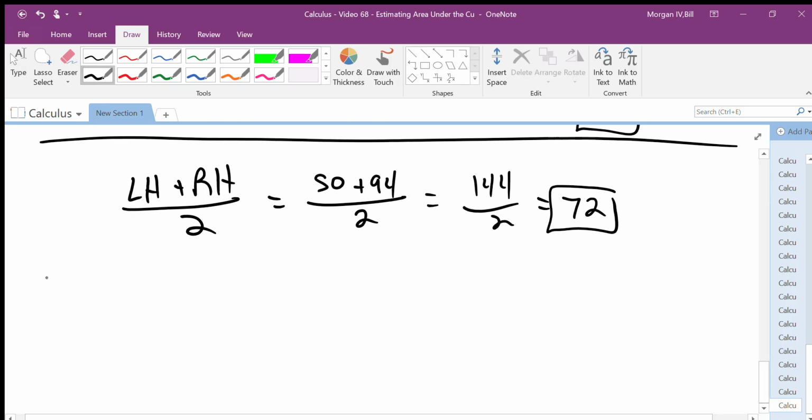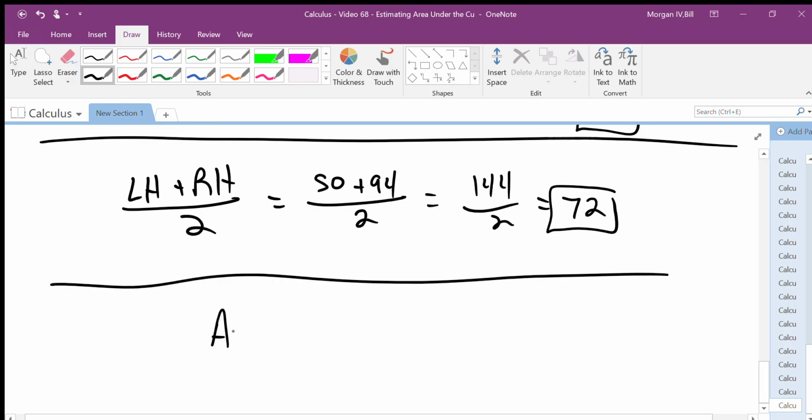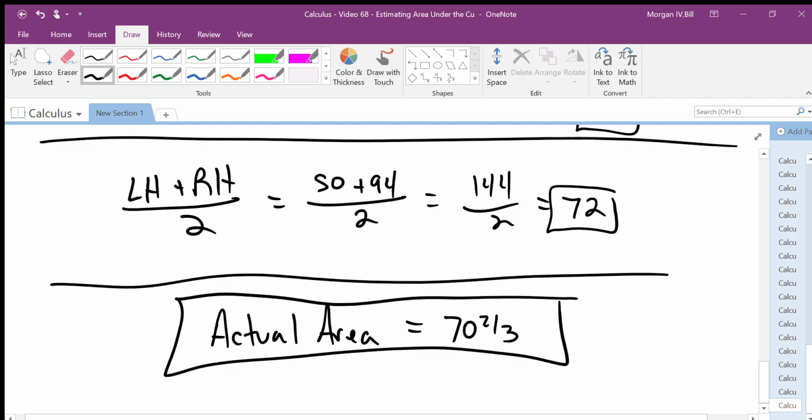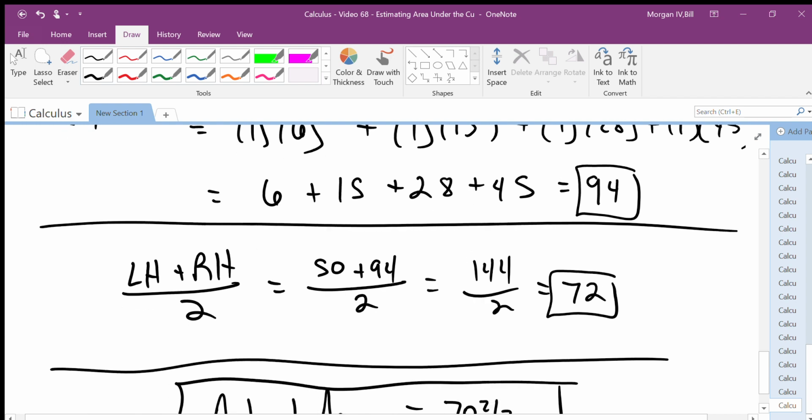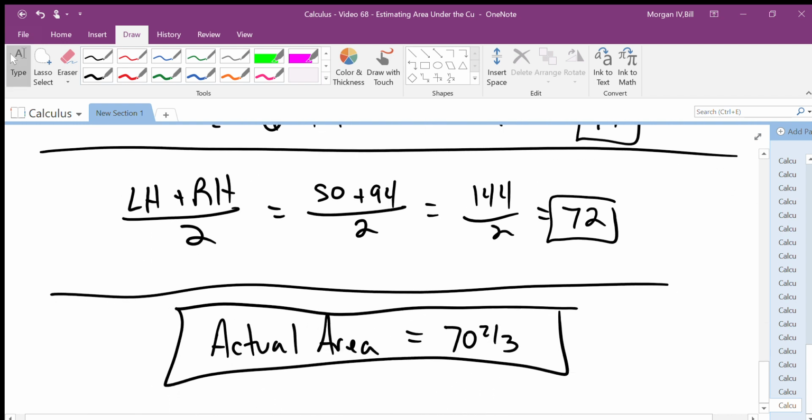When we find the actual area in a couple of videos, the area under this curve is 70 2/3. 72 is much closer than, say, 94 or 50, so the average is a good thing.